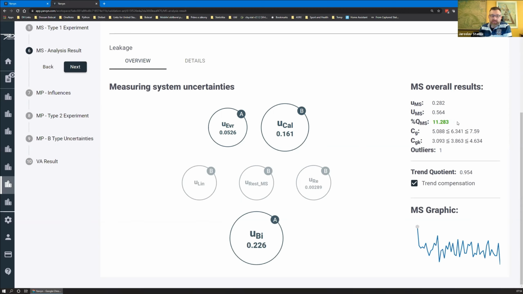So the %GRR is at 11%, which is good enough, with the calibration uncertainty being incorporated here. So this is what comes in with the calibration master. Having the calibration master here is actually what we want to have when we do the repeatability on the actual production unit.